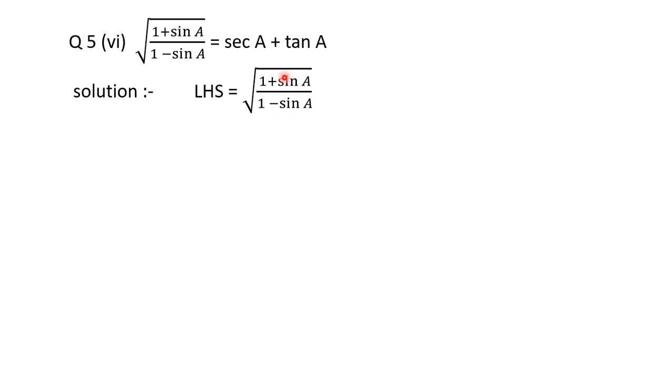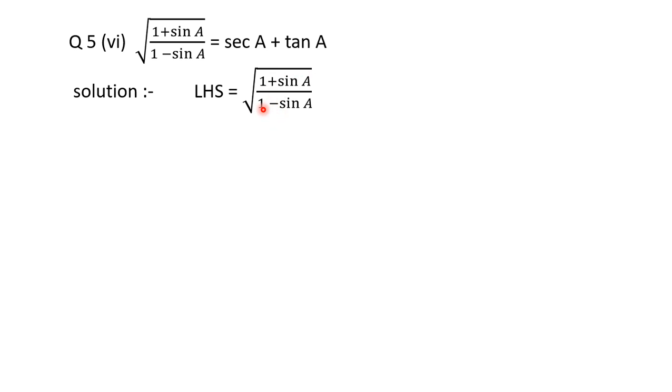Now remember, for these types of problems we have to rationalize the denominator. The meaning of rationalization of the denominator is that whatever quantity is given in the denominator, we multiply and divide the given fraction by that quantity but with the opposite sign.